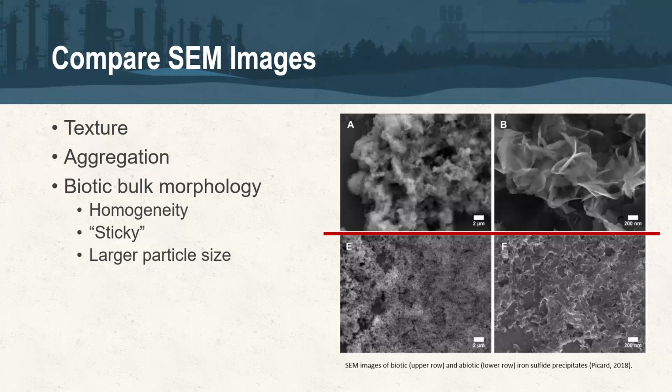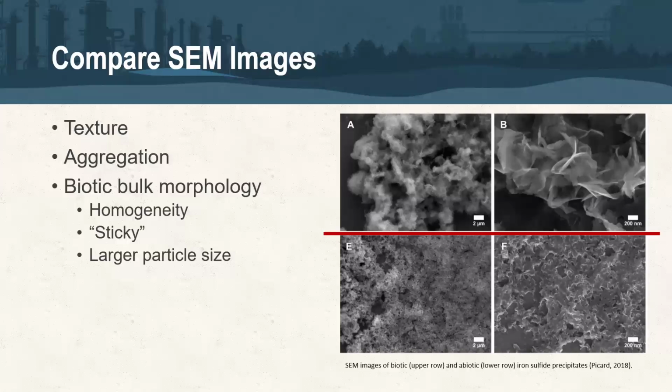You can see that the particle size and distribution is vastly different between the two, right? If you look up top, it's a bit more amorphous. They seem to be sticky or agglomerated, especially in picture A. As we move into the bottom, it seems more homogeneous and uniform, right? The particle size is smaller.